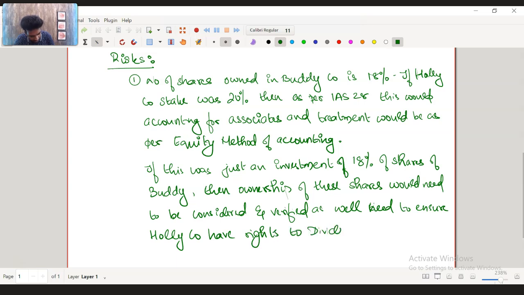So whether wholly company has the rights to receive dividends or not has to be verified. So that is what we need to verify.